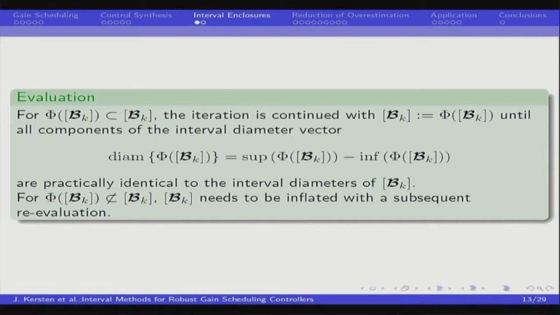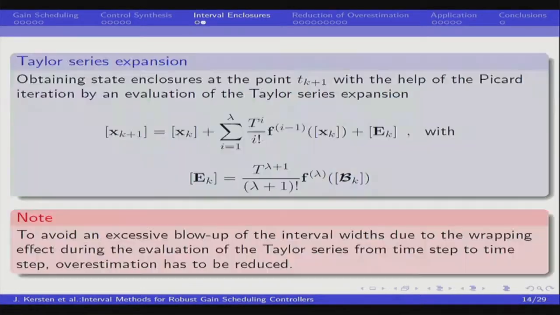And if this is not the case, of course, the interval bounding box needs to be inflated with a subsequent re-evaluation. So if we now have our bounding box, we can use the Taylor series expansion to obtain the state enclosure at the next point. And this is done with this equation. Note that the E is the discrete time error.